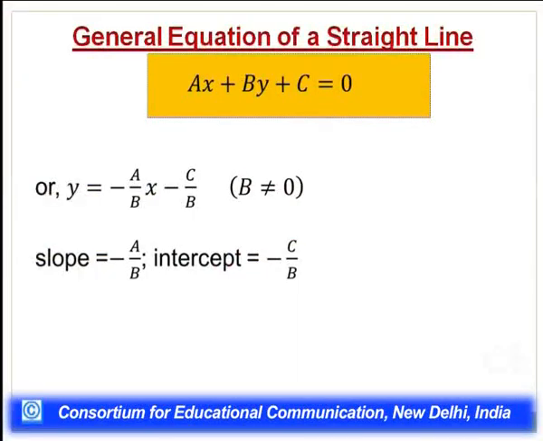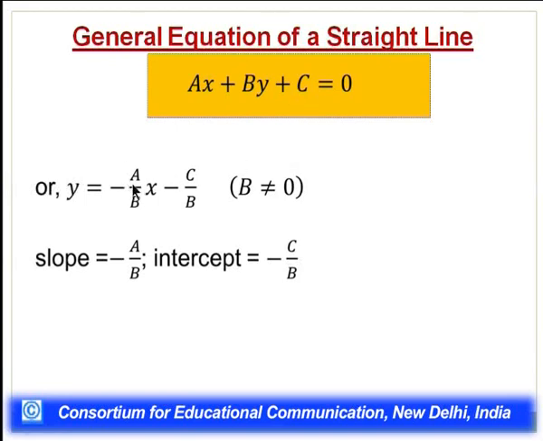Finally, in terms of the theory, let's look at the general equation of a straight line, which is ax plus by plus c is equal to 0. Here, please remember that both x and y have to appear in the first degree in this equation. We'll just see that it does not hold for b equal to 0.